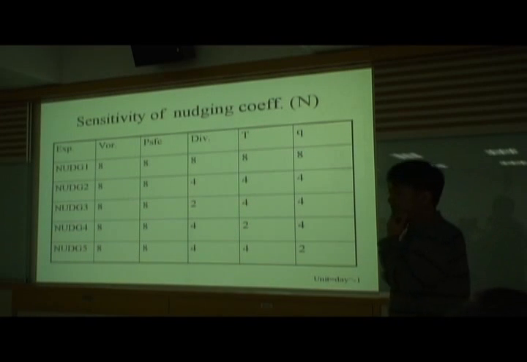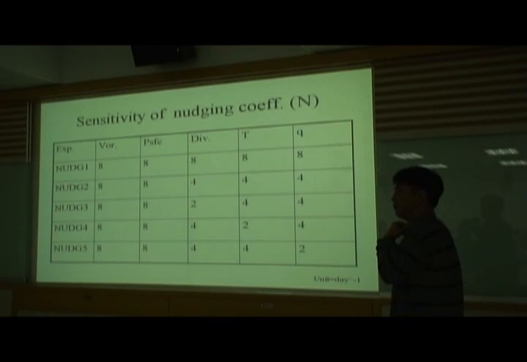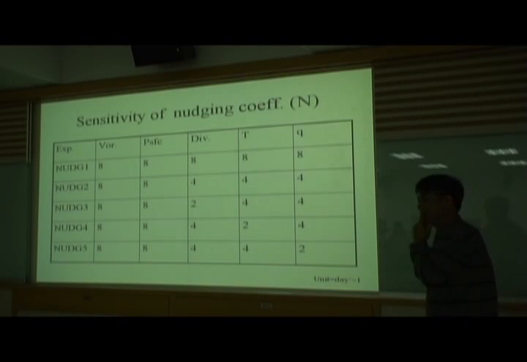Did you mention that when you use a weaker nudging coefficient for the divergence, temperature and humidity, then you got a better result? I'm curious that when you use a strong nudging coefficient for the velocity and a weaker nudging coefficient for the divergence, then you got a better result than when you use stronger coefficients for both variables.